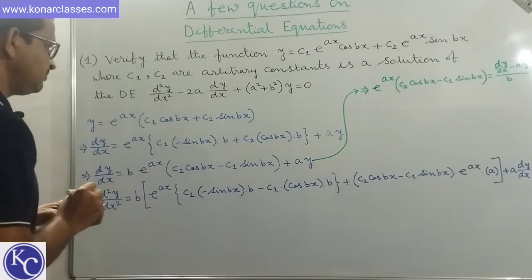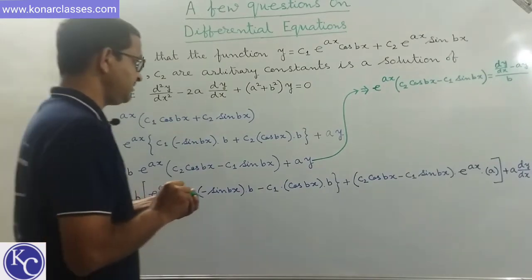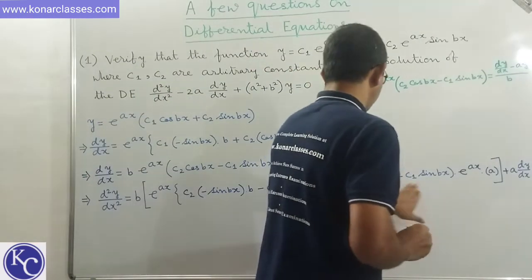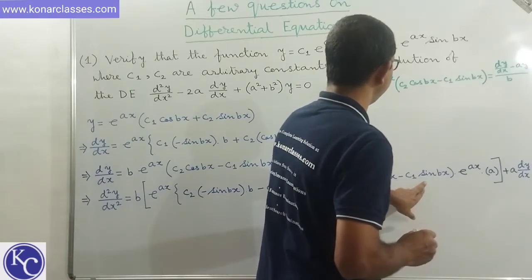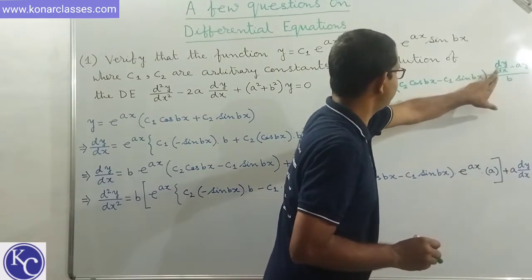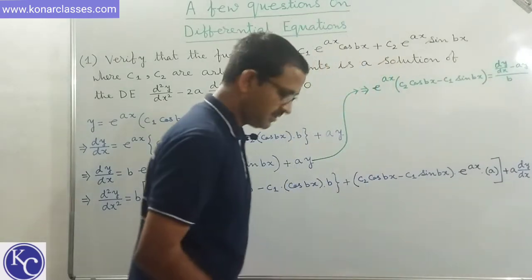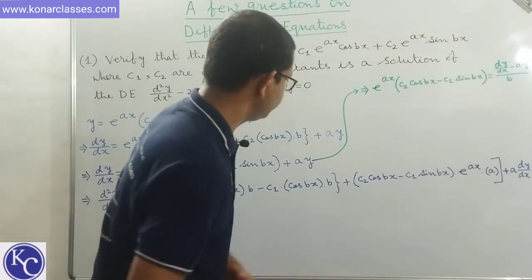Okay, so what we can write, dear students, instead of this particular thing, e power ax into (c2 cos bx minus c1 sin bx), we can directly write this thing: (dy/dx minus ay)/b.